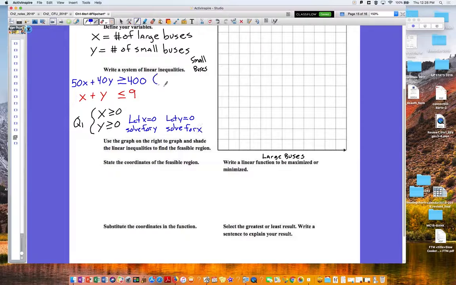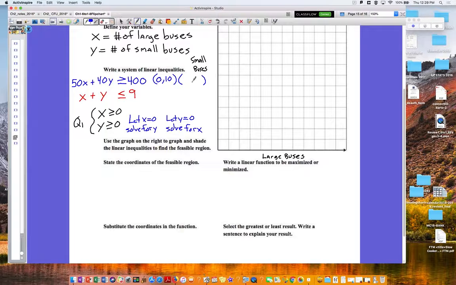For the first one, if I let x equal 0, this 50x becomes 0. So I ask myself, how many 40s go into 400? Well, 40 goes into 400 10 times, meaning it would take 10 small buses to get all the kids there.